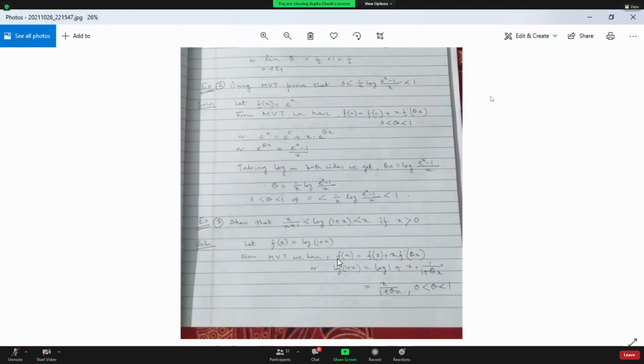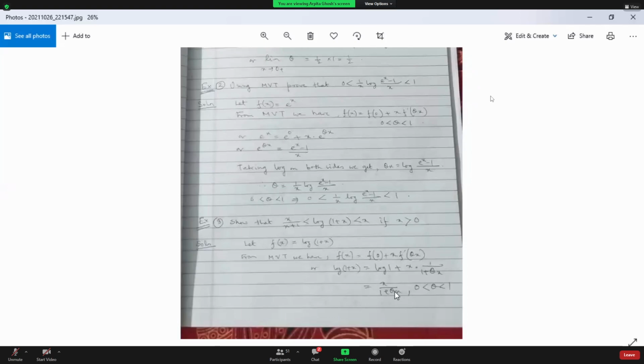Okay. So log of 1 plus x is x divided by 1 plus theta x. Now we have to find out the boundaries of this log of 1 plus x. For that, we'll find out the boundaries of x by 1 plus theta x. One thing we know is that theta lies between 0 and 1.